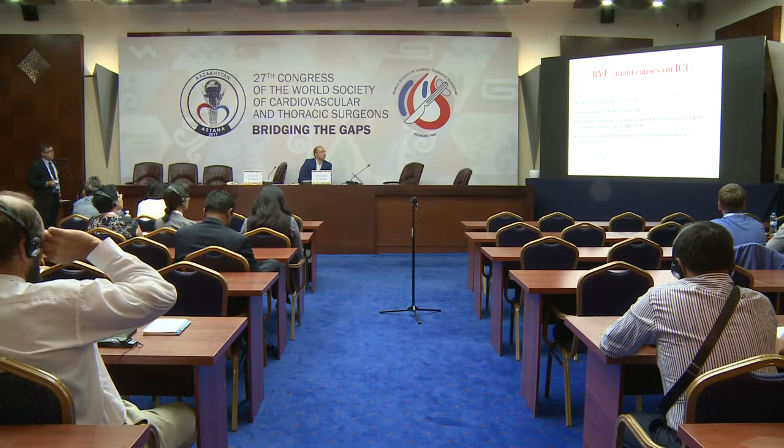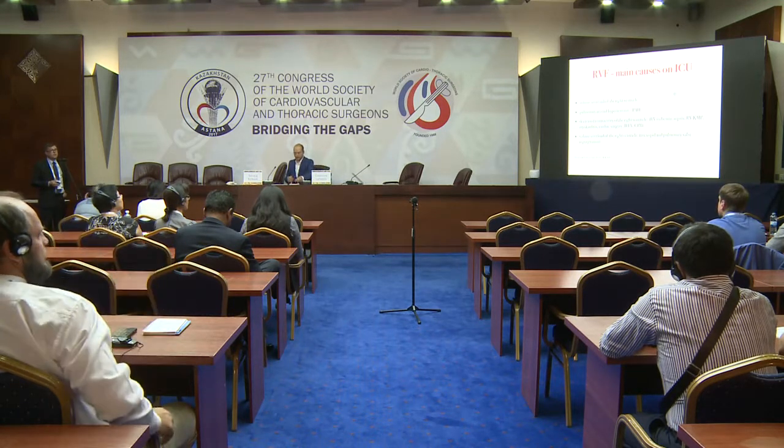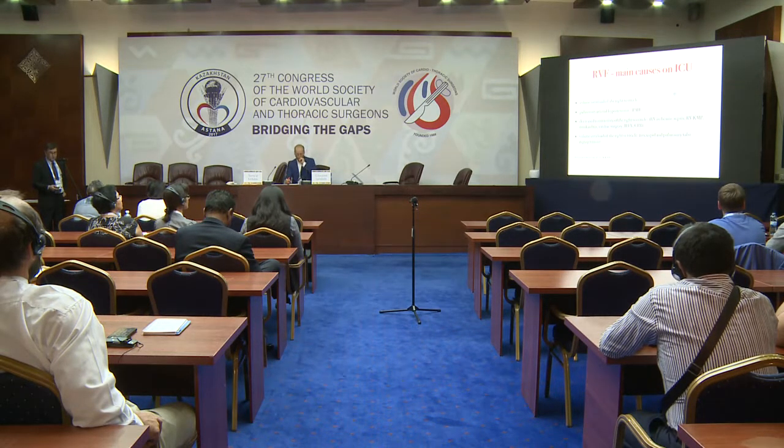And as I mentioned in the beginning, volume overload is one of the most common causes of right ventricle failure. The right ventricle could also be volume overloaded because of tricuspid or pulmonary valve regurgitation.